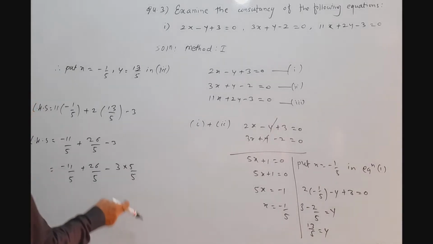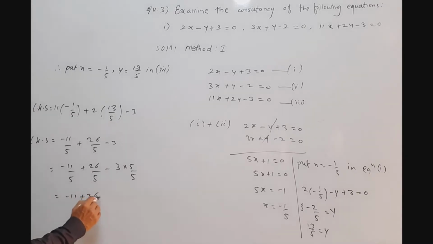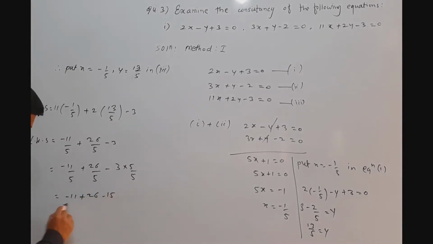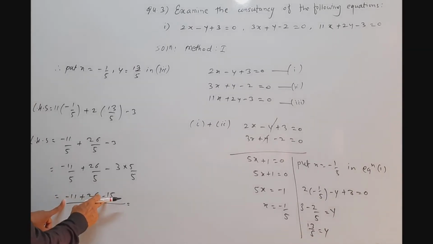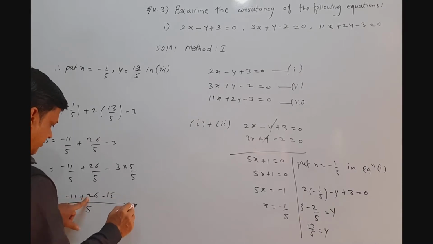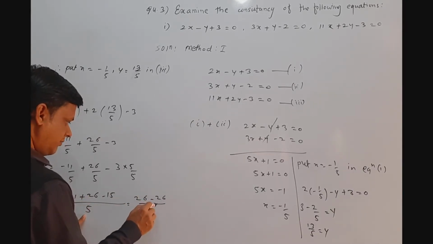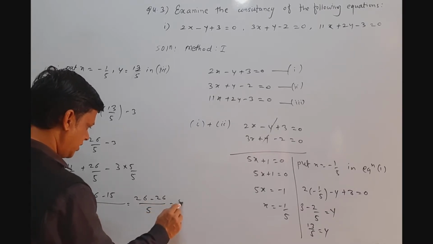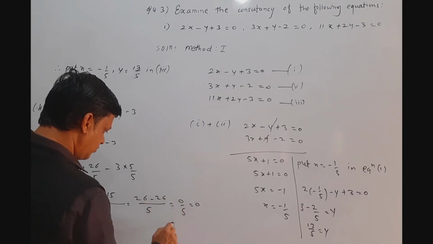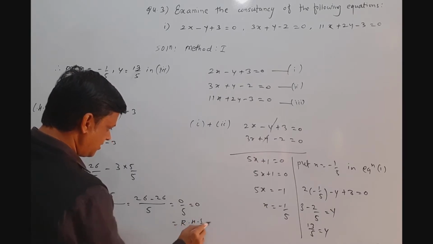So right here 3 into 5 is 15. So minus 11 plus 26 minus 15, and the base of each term is the same, so directly write base 5. So minus 11 minus 15 which is minus 26, here plus 26. So we get in the numerator 26 minus 26 upon 5, which is equal to 0 upon 5, which is equal to 0, which is RHS.